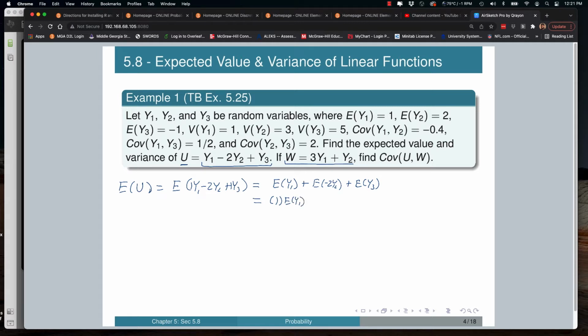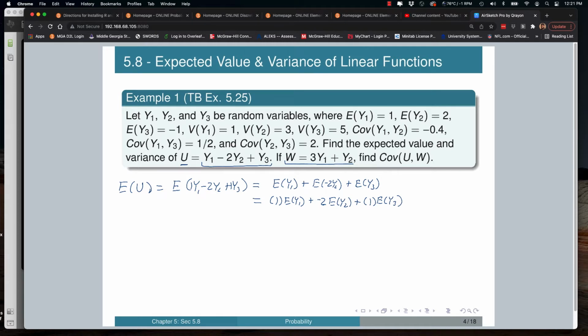That's the way the formula is bringing that a sub i constant out front. And then the negative 2 can come out front like we've done in the past, times the expected value of y sub 2, plus 1 times the expected value of y sub 3. So it's really just that straightforward.